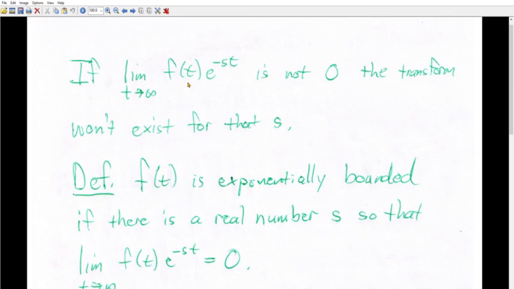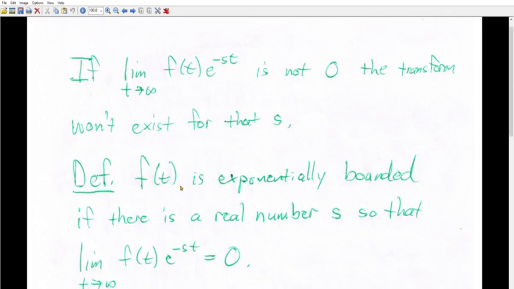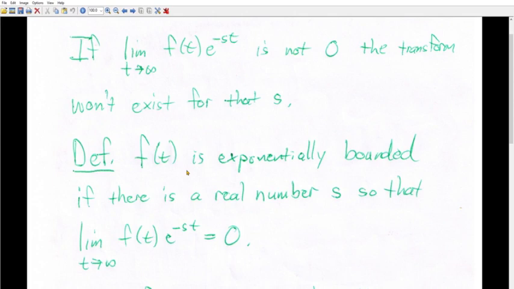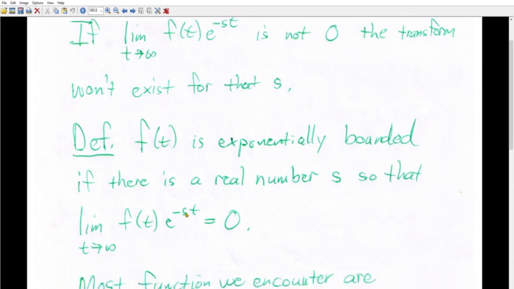So we develop the following definition. f of t is exponentially bounded if there is a real number s so that this limit is 0. Okay, this is exactly the thing in the integral that we need to go to 0. We're saying f of t is exponentially bounded if there is some real number s for which this limit will go to 0.